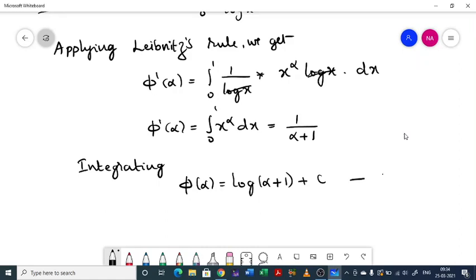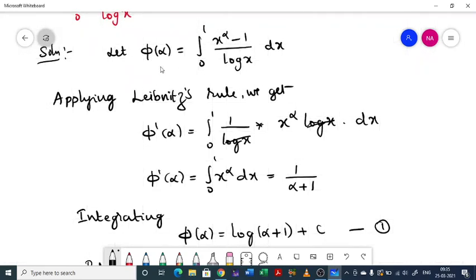Now we need to determine this c. We'll call this as 1, say. Put alpha equal to 0. If you put alpha equal to 0, we get phi of 0 equal to log 1, which is 0, so phi of 0 equal to c. But if you look into the definition of phi of alpha, here I have phi of alpha to be integral 0 to 1 x power alpha minus 1 by log x dx. If I take alpha equal to 0 here, you get 1 minus 1, 0 divided by log x. 0 by log x will be 0. So integral 0 to 1 0 dx will be 0 again.